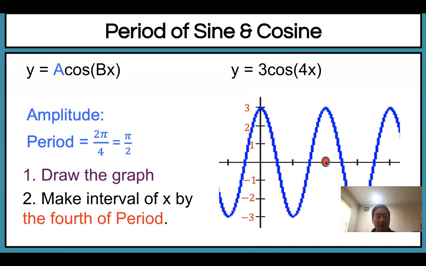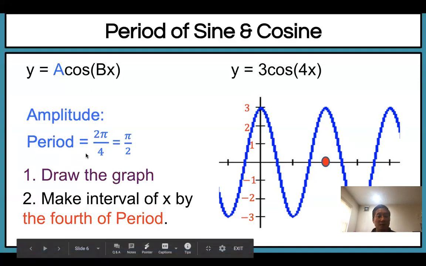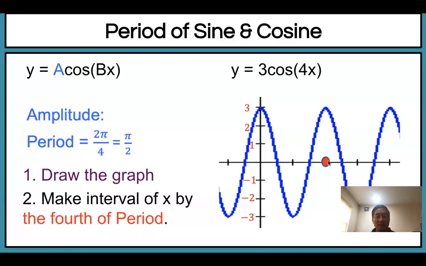So here you will see, what should I label here? This is 90 degrees or pi over 2, all right? So when you label, your period is pi over 2 here. Which means in the domain from 0 to 360 degrees, how many graphs are you going to draw?